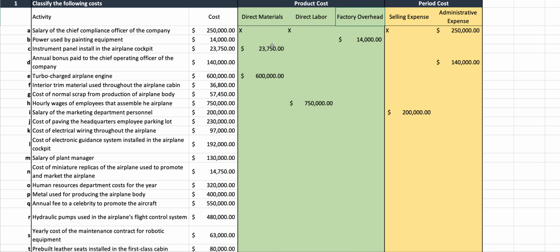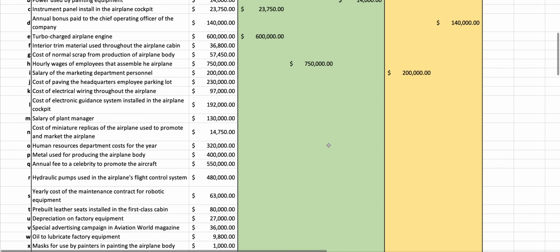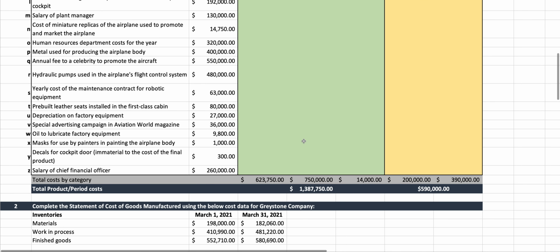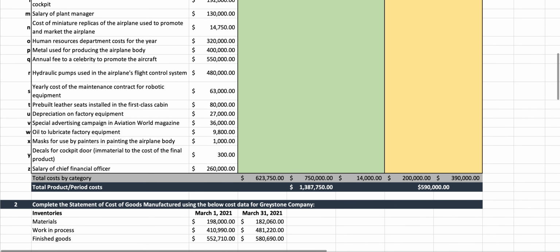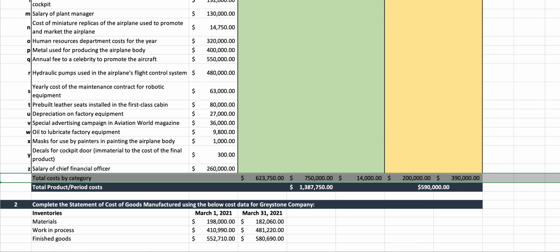Now I wanted to have something in each one of these blocks so that we could look down at the bottom. And so I wanted to talk about calculating everything by your cost or by your category. So with this one, you can see that my total cost for direct materials, if I had filled it out, would be a totally different number.